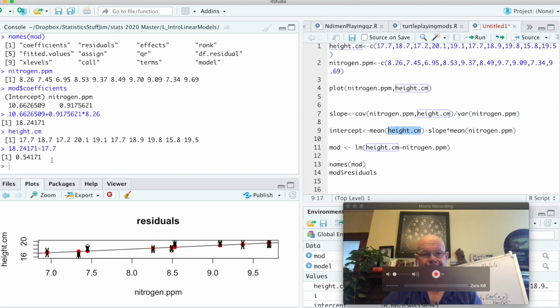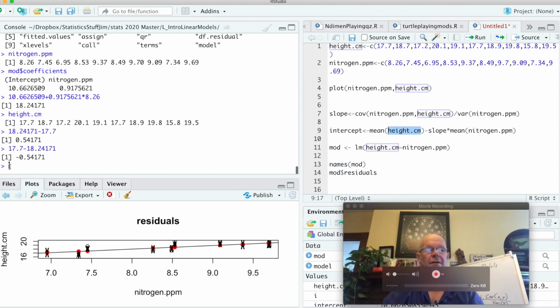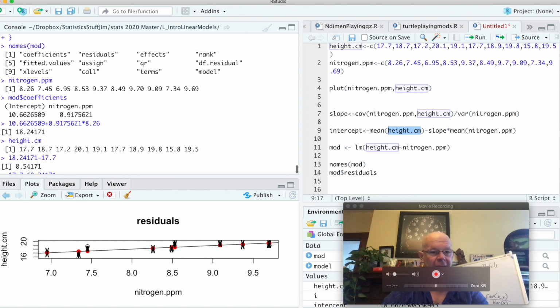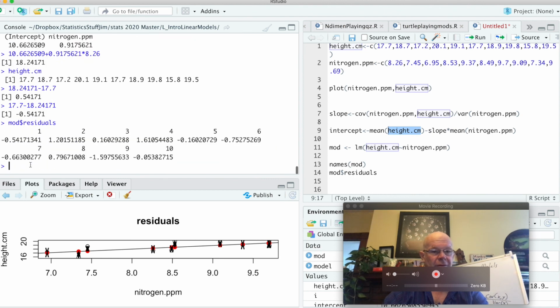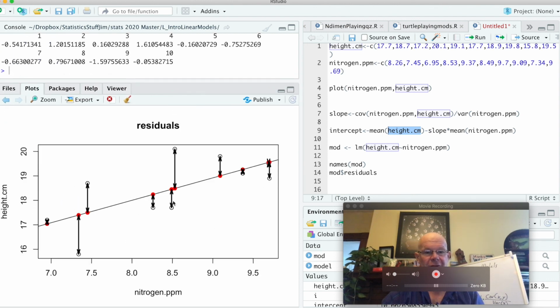I should have put 17.7 in front, 17.7 minus that. There, now we get the negative 0.54, which is the same as what we got when we looked at the residuals. There's where that value comes from. And so that is all of our leftover information.